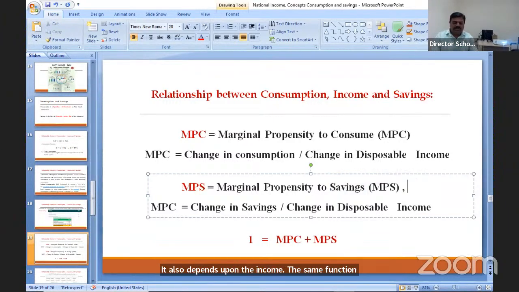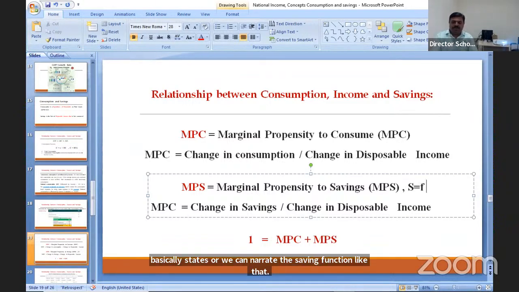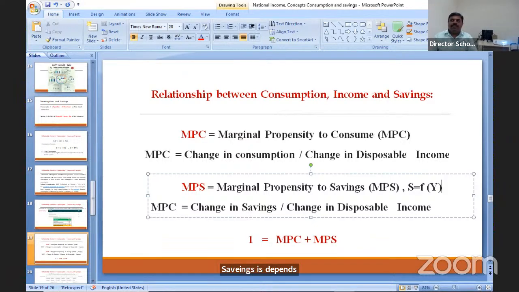We can narrate the savings function like that: savings depend upon Y. Savings depend upon Y means when income increases, the savings also increase. On the other hand, if the income decreases, the savings also decrease, which means there is a direct relationship between these two terms. That sign shows that both variables change together.